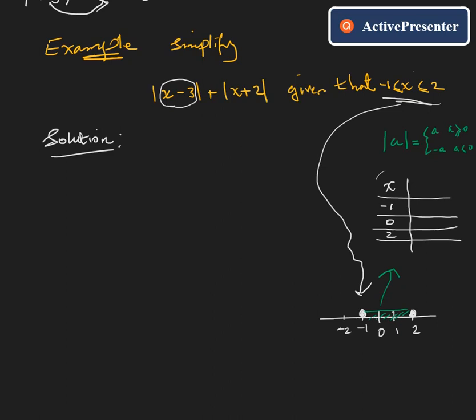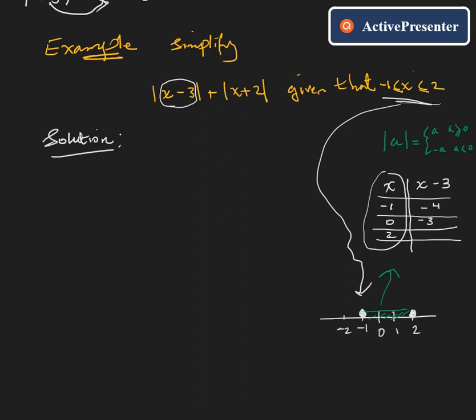We would like to check in this domain for x. So if x here is minus 1, this value is minus 4. If x is 0, x minus 3 is minus 3.